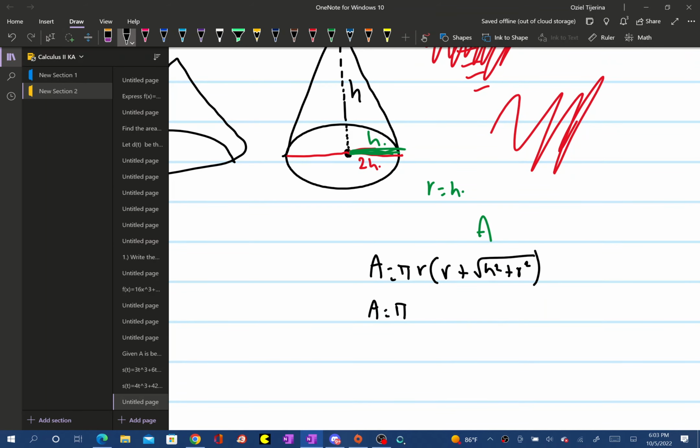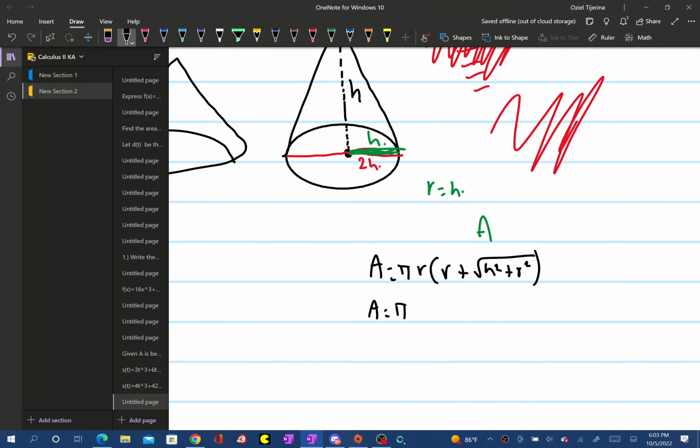So, I think the volume is 1/3 area of the base times the height, so 1/3 times pi times 2 squared times h. Let me see. I'm probably wrong. I think it's 4/3 pi r cubed. Hold on. My bad. 4/3 pi r cubed.